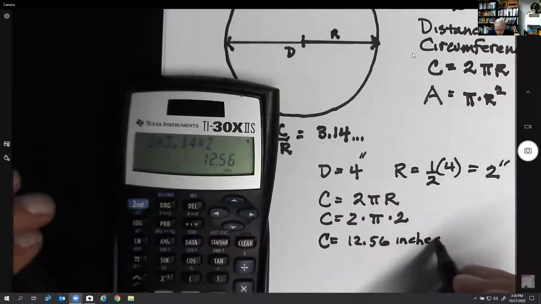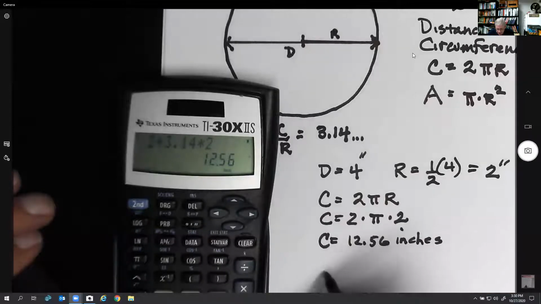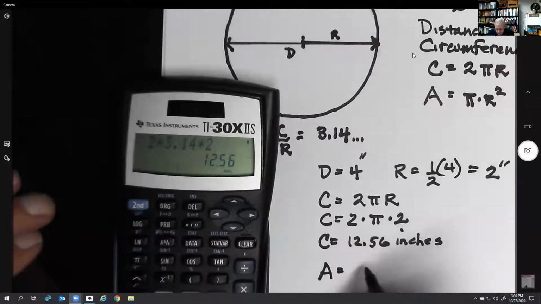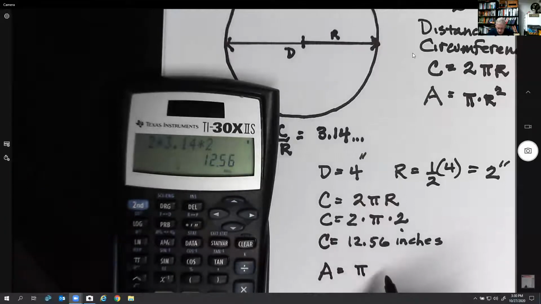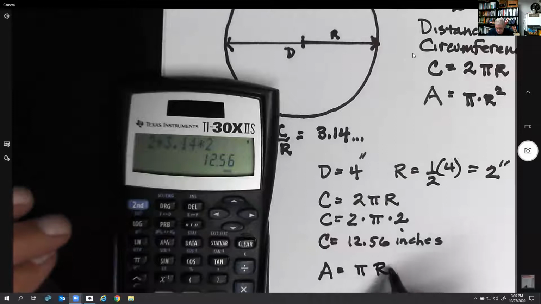Let's suppose we wanted to find the area. The area would then be pi r squared. So we always want to start out with the formula.